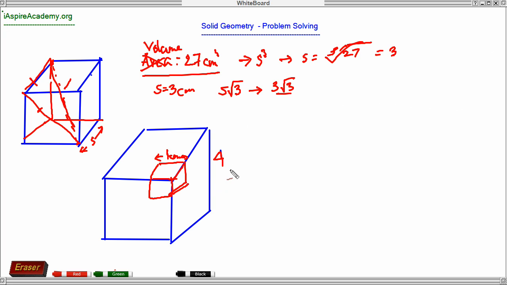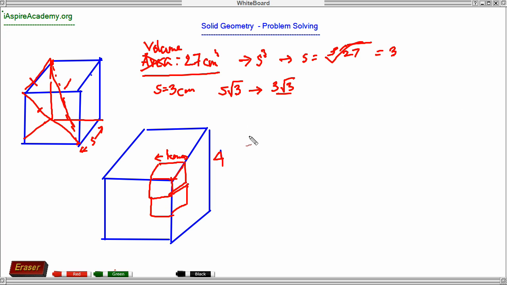So how many pieces of cube will that be? Let me state the problem again. You are given a cube with side 4 centimeter. How many cubes can you make out of this, each having length of 1 centimeter? So you can think like this. You're making several cubes out of this cube.